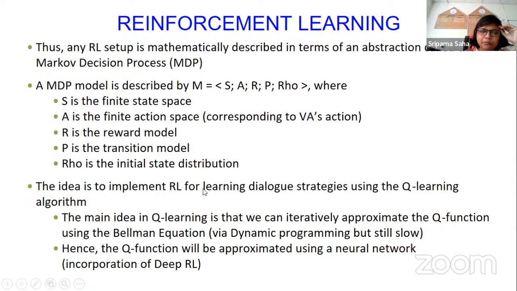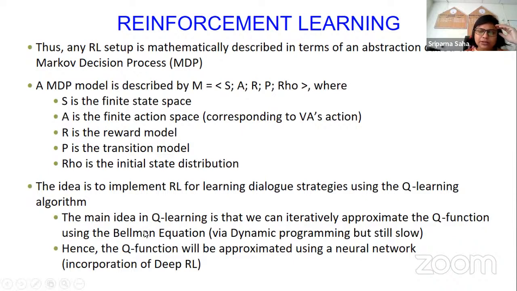So the idea is to implement reinforcement learning for learning dialogue strategies using the Q learning algorithm. The Q function is basically a quality function. The Q function measures the quality of a particular state action pair. So given a particular state and a particular action taken, what is the quality of that action given the state? That quality is determined by this Q function.